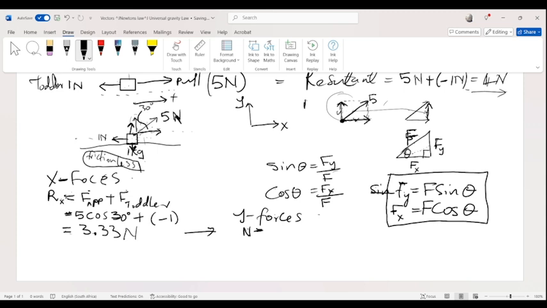In this case, it will be hard for us to solve for the normal force. Let's just assume that the normal force is about, say, 5.